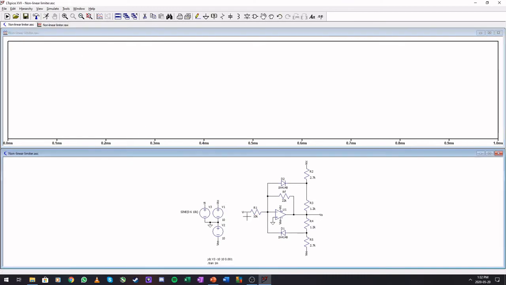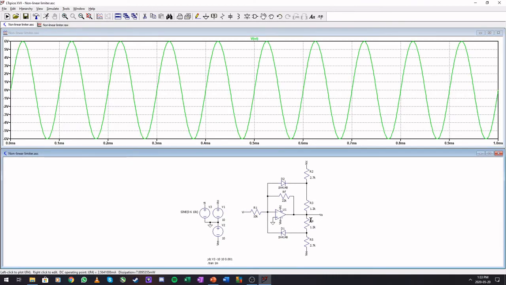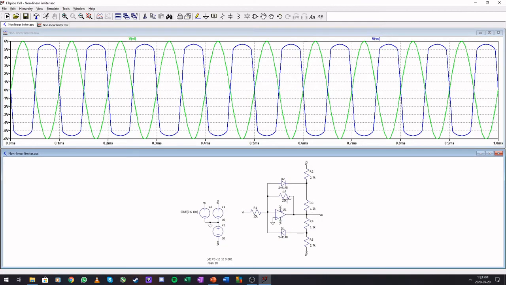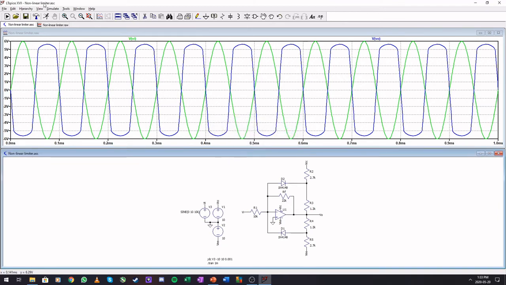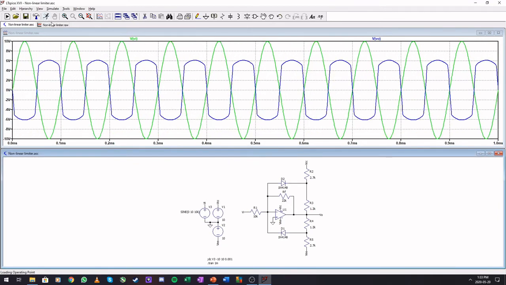So if we run this, there is our input and there is our output. Okay. So yeah, it does try to limit it at 5 volts. So we have 5 plus 0.7 of the diodes left here.